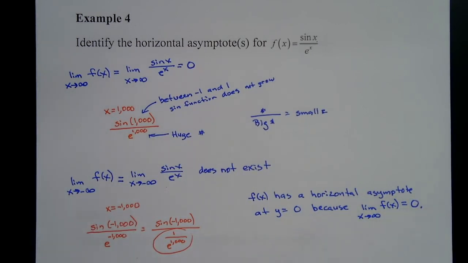And that's the definition of a horizontal asymptote. You have to be able to justify. That's a big thing in calculus, is you have to be able to justify why you're saying what you're saying. And why are you saying there's a horizontal asymptote? It's because of this limit right here. All right, let's go to the next.